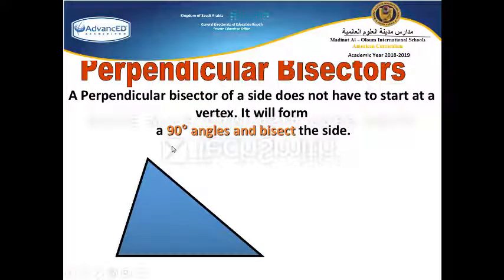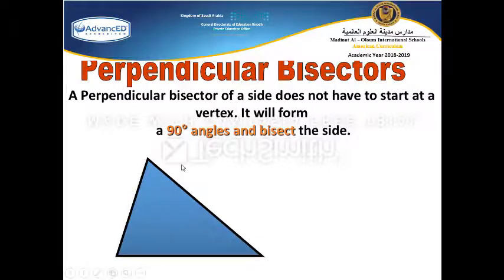What about the perpendicular bisector? Should we draw the perpendicular bisector from each vertex? Does it mean that if we draw from this vertex, the perpendicular bisector will pass through the midpoint? No, no need. The perpendicular bisector of a side doesn't have to start from the vertex.